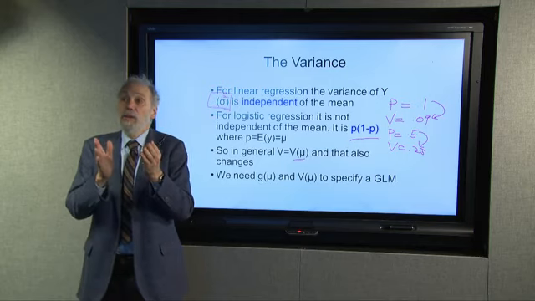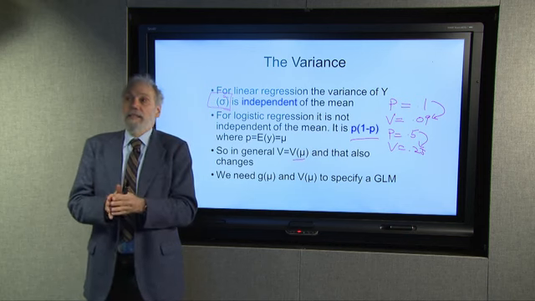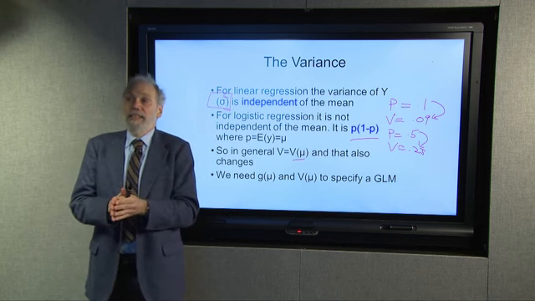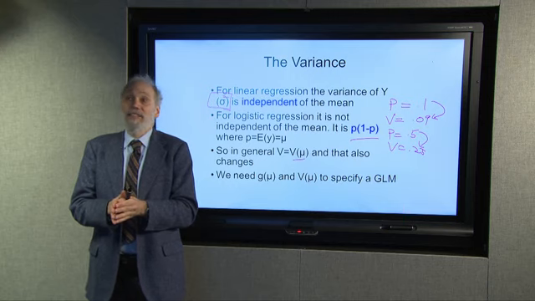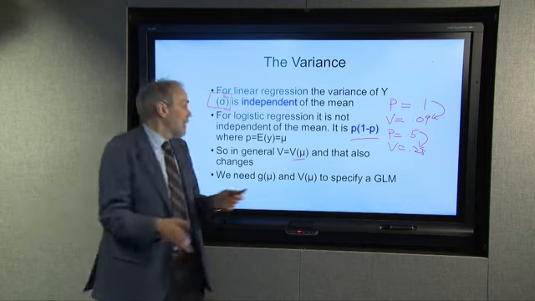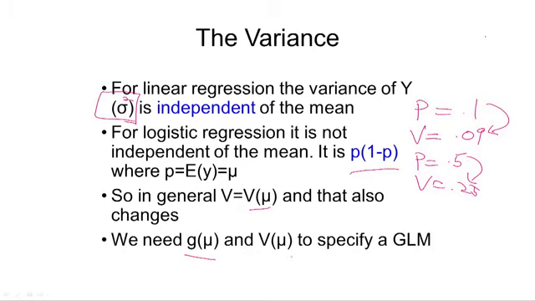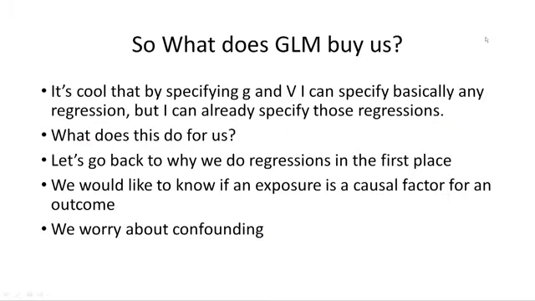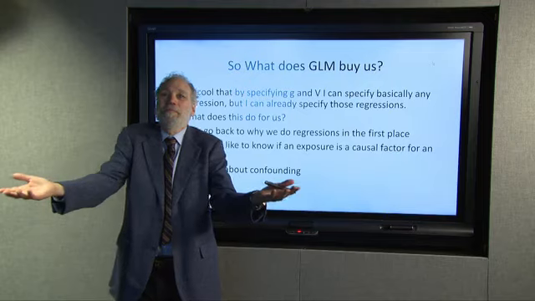And so to tell a generalized linear model program what regression to fit, what differs from regression to regression is G and V. Well, that's great, and it's really cool that statisticians figured it out, and that you can give a G and a V, and then, other than that, all the regressions are the same, but, so what?